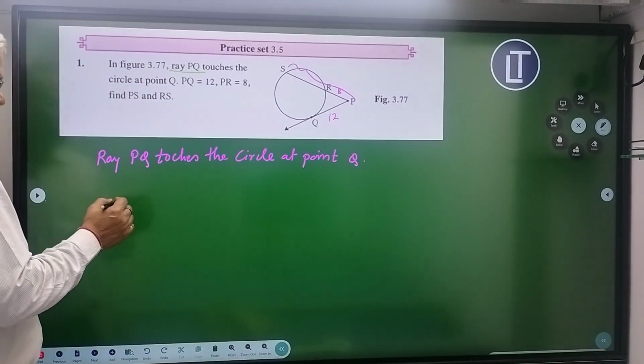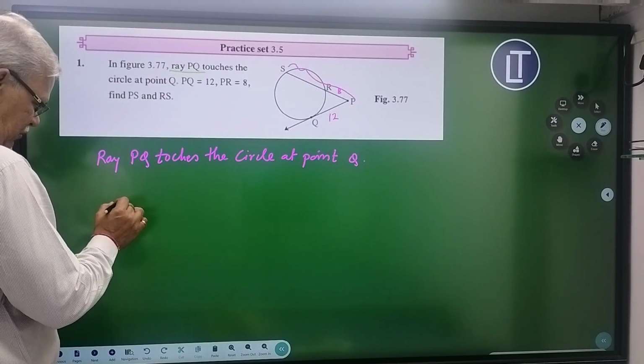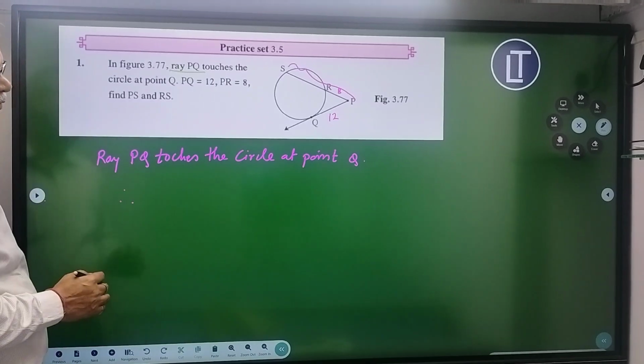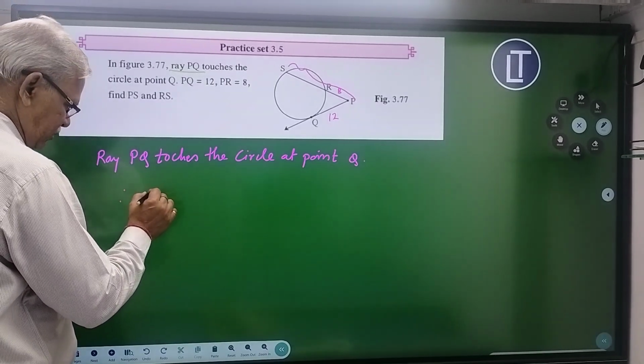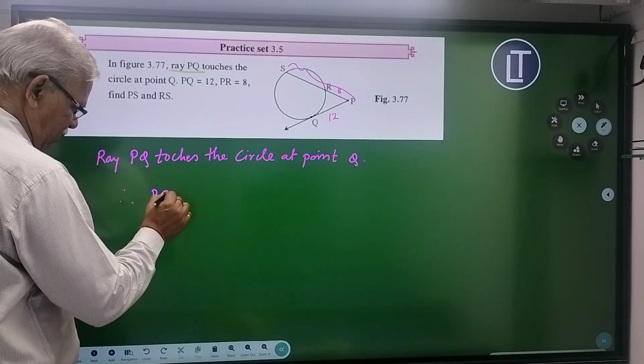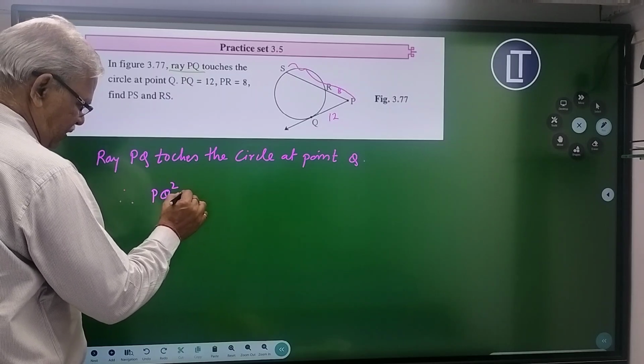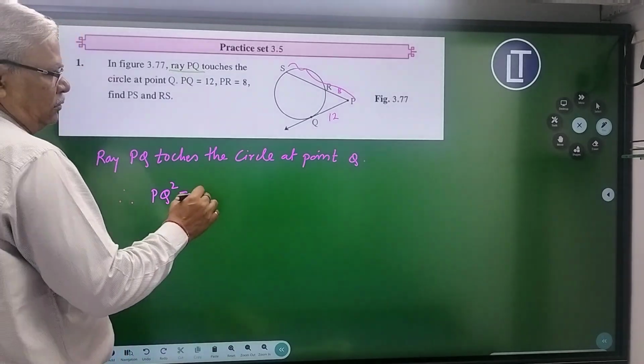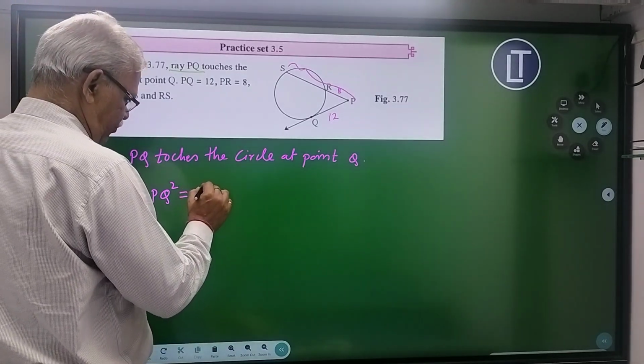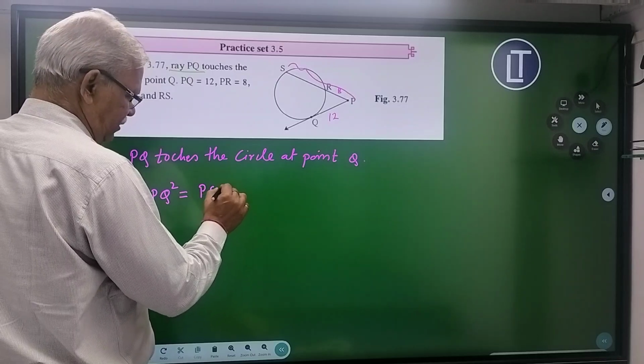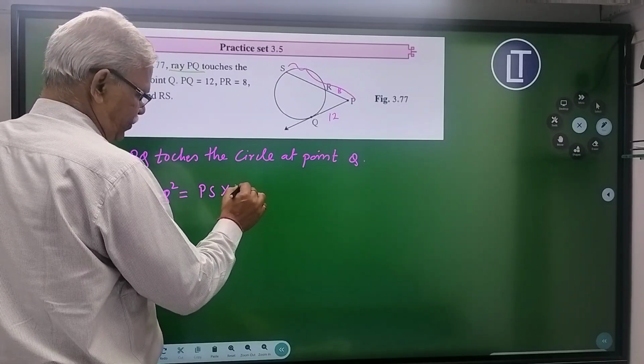Therefore, we are going to use that PQ square is equal to PS into PR.